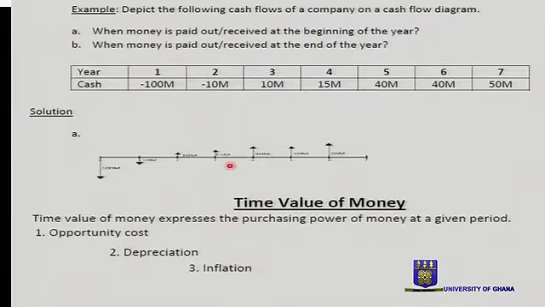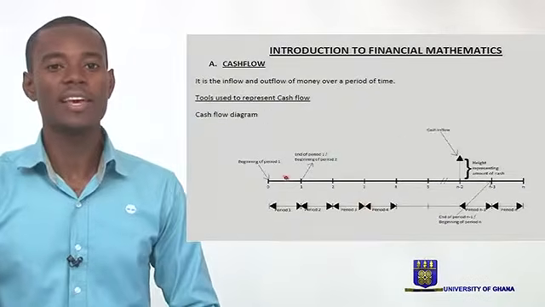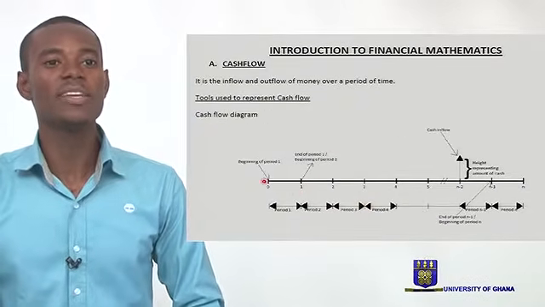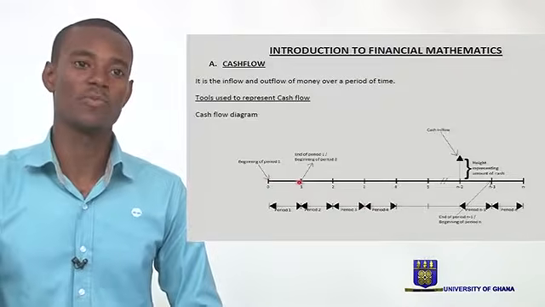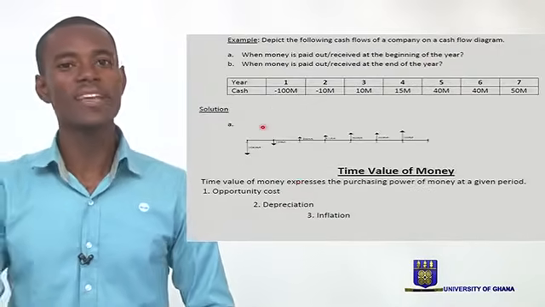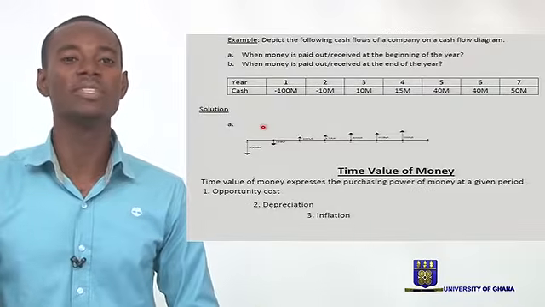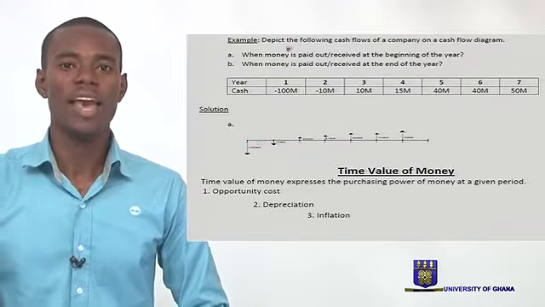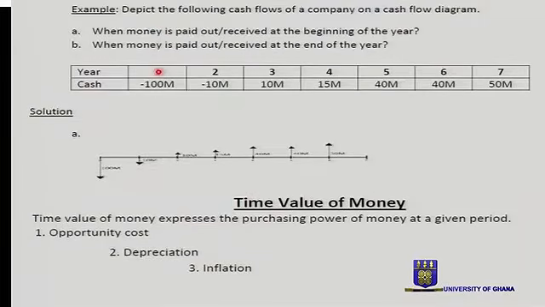You remember when I was explaining the diagram and I said this entire interval is period 1. This is the beginning of period 1 and this is the end of period 1. So if we are saying that money is being paid and received at the beginning, this entire interval is period 1.